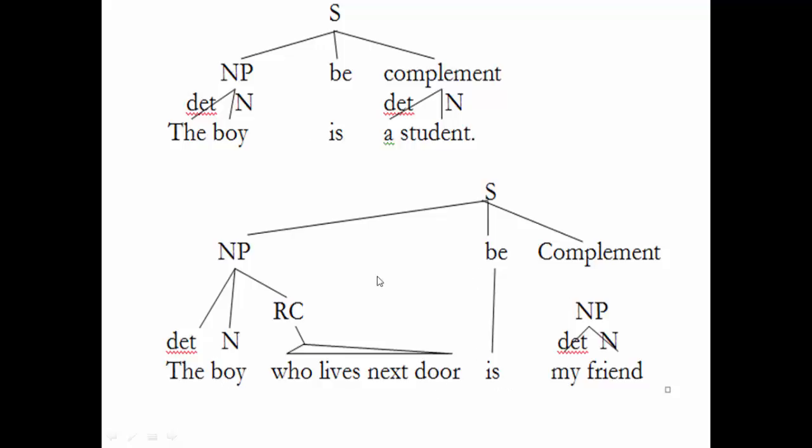And this is also a similar pattern as above, because this sentence is divided into two parts, the noun phrase and also a complement. The complement again is a noun phrase, such as a student, but this is my friend. Here the determiner is my, and friend is a noun. So as you can see, this sentence is built from the basic morphemes. He lives next door is downgraded into who lives next door, which is used as an adjective for the boy.